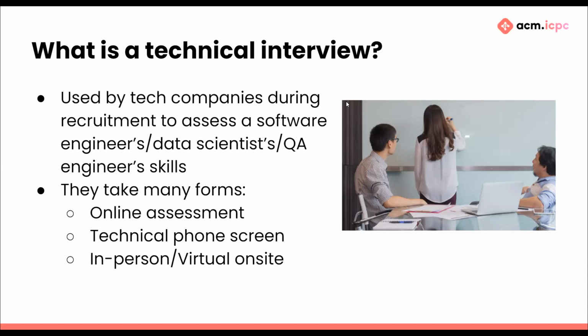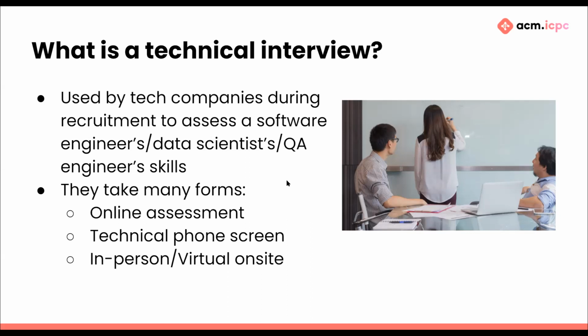The difference between technical interviews and other types of interviews is that they primarily test your technical skills, and they can take many forms, as you can see here on the slides. There are online assessments, there are phone screens, and there are in-person or virtual on-sites.